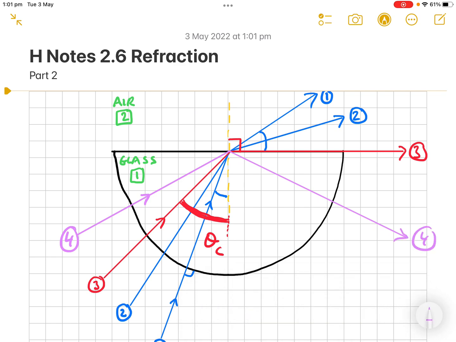So that's ray 4. And when this happens, the angle of incidence equals the angle of reflection. And this is called total internal reflection.